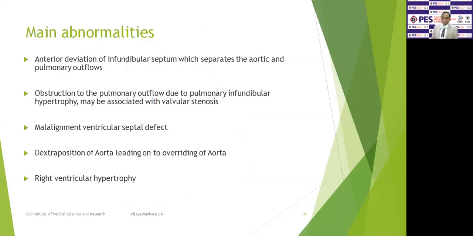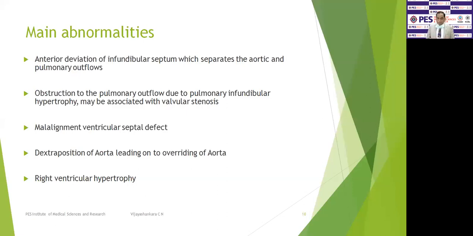Anterior deviation of the infundibular septum, which separates the aortic and pulmonary outflow, is the main abnormality in the development of Fallot's tetralogy. That is the basic thing. When the infundibular septum deviation occurs, it causes an obstruction of the pulmonary outflow, resulting in an infundibular hypertrophy, and sometimes also a valvular stenosis.